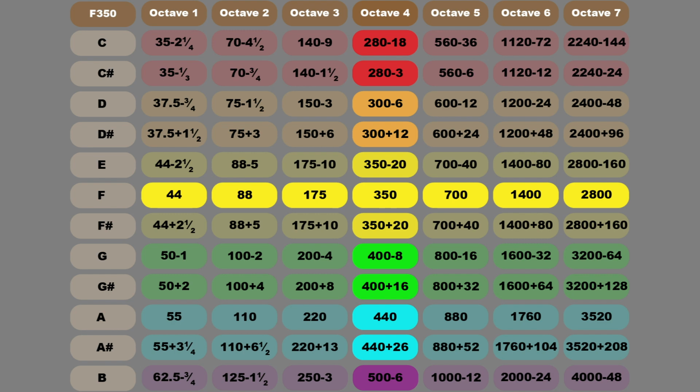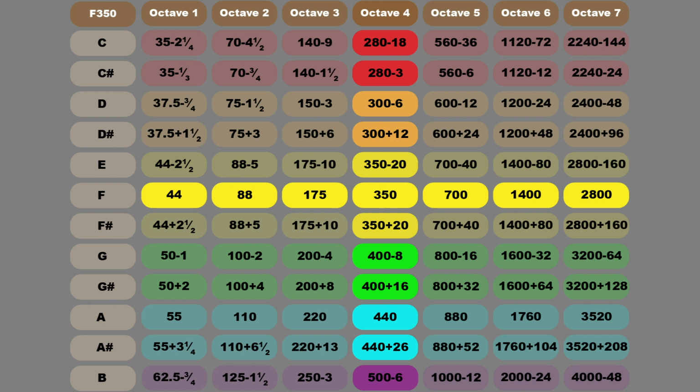Simple enough, right? Let's use A sharp as an example. Why not? Because this one's maybe a little bit more tricky. So we know that A sharp 4 is 440 plus 26. Well, what's 440 times 2? 880, and then 26 times 2 is 52, and you add those together, and that's your frequency.